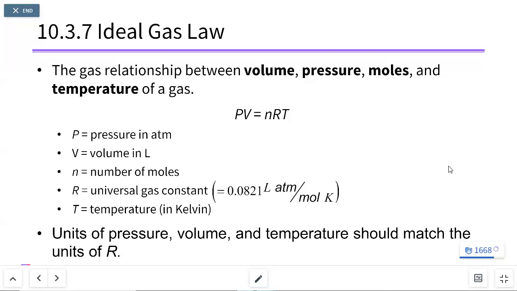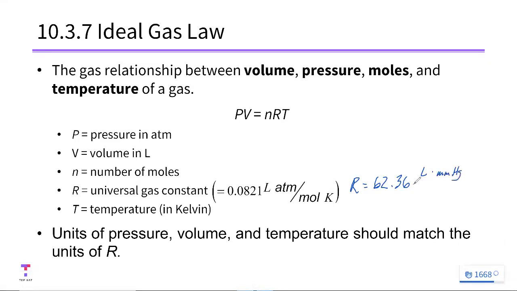And the value for that, just so that you have it, is this. If you were given a pressure in millimeters of mercury instead of atmospheres, the value would go from 0.0821 to 62.36. Since torr and millimeters of mercury are the same thing, the value for R would be the same for torr as it is for millimeters of mercury.